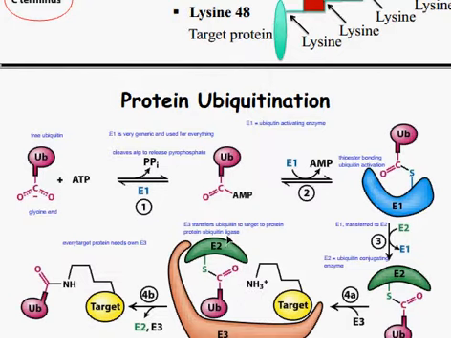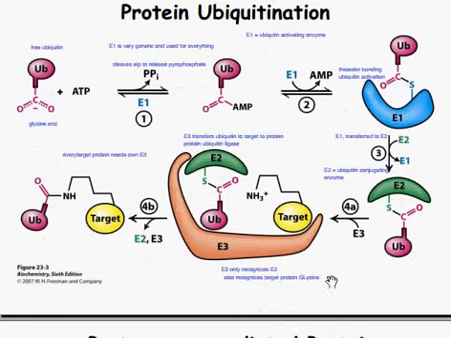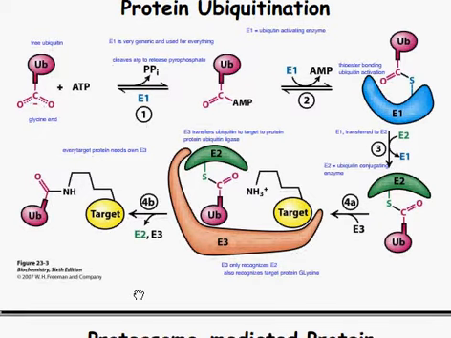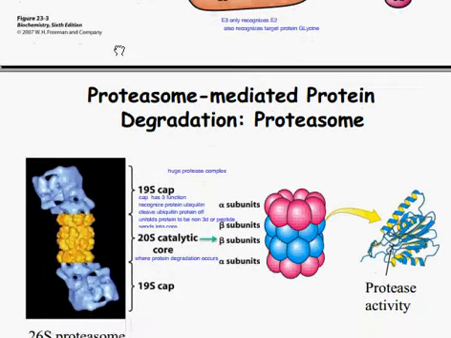The E3, a ubiquitin ligase, transfers the ubiquitin to the protein. The E3 only recognizes a very specific E2, and also only a specific target protein. Then the ubiquitin on the ester bond here will bond to the amine on the target protein, and this is how the two are bound together, which is then targeted for proteasome-mediated degradation.